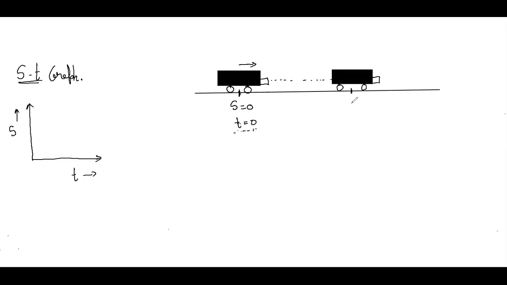It is given that the truck has traveled a distance of 10 meters, and the time the truck took to cover this 10 meters is 3 seconds. Then again the truck goes forward.